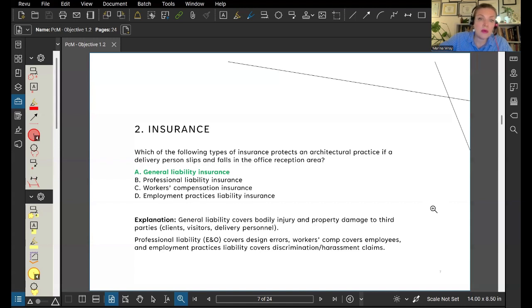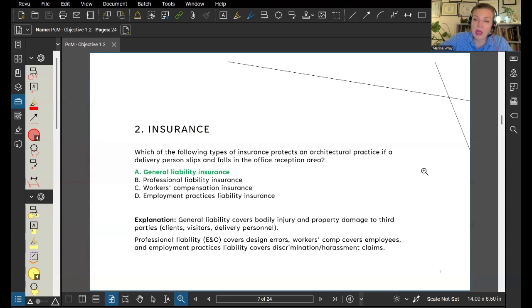Workers' comp, or workers' compensation insurance, covers employees, and employment practices liability covers discrimination or harassment claims. Sometimes you really need to read the question and read the answers, because sometimes the answer can be fabricated.